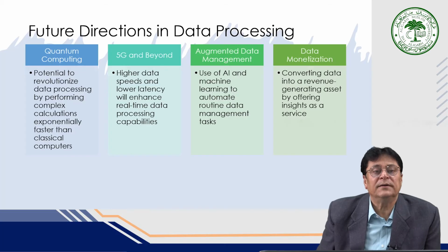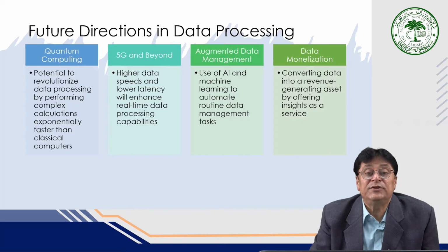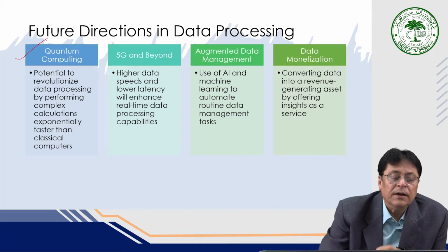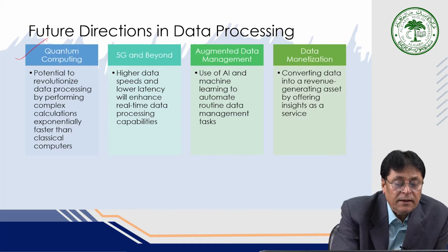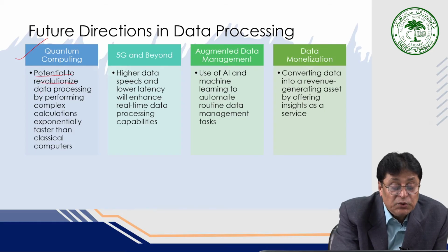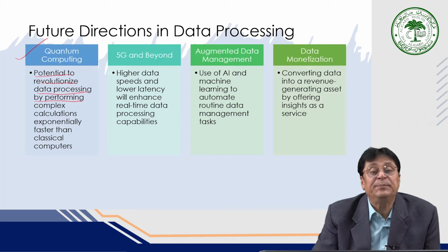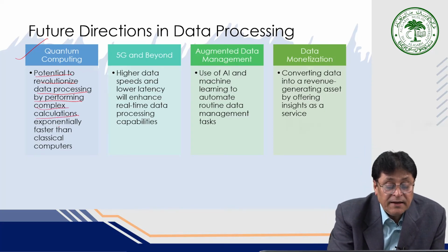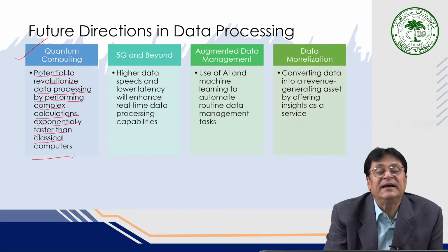Let us move on. What are the future directions in data processing? Quantum computing. What is it? Potential to revolutionize data processing by performing what? Complex calculations exponentially faster than classical computers.